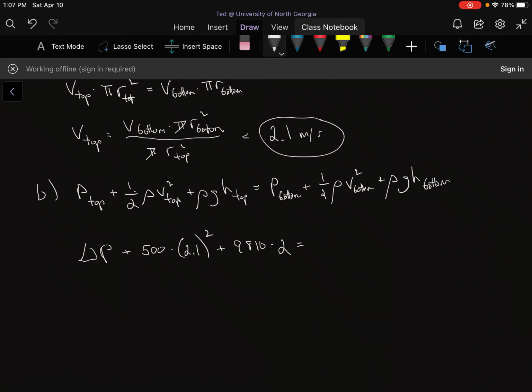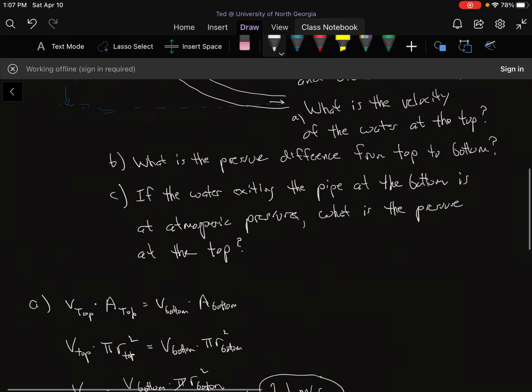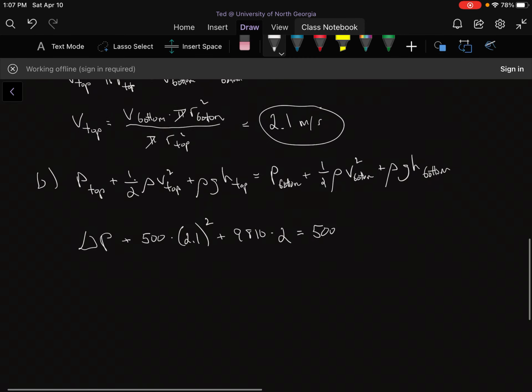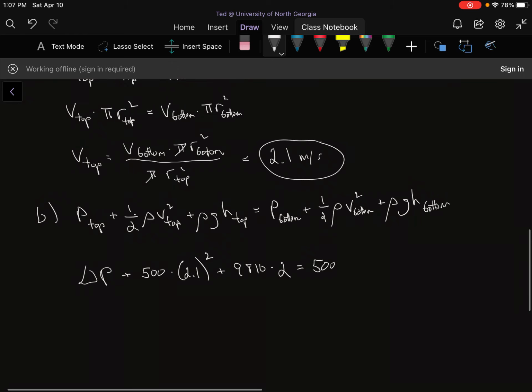All right, and that is equal to, we've already subtracted pressure on the bottom to get delta pressure. So we have 1/2 rho, that's 500. Oh, the density of water is 1,000. So I'm plugging in 1,000 kilograms per meter cubed for water. Velocity at the bottom squared, so that is 8.4 squared. Plus 0, because the height at the bottom is 0.